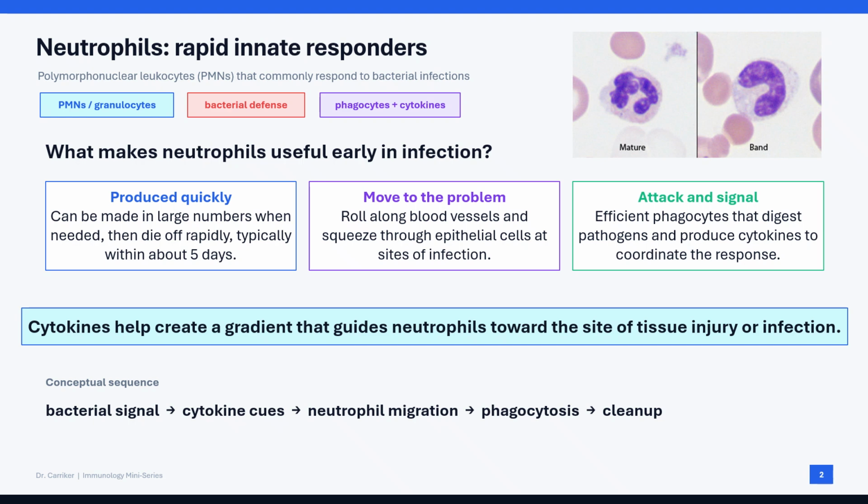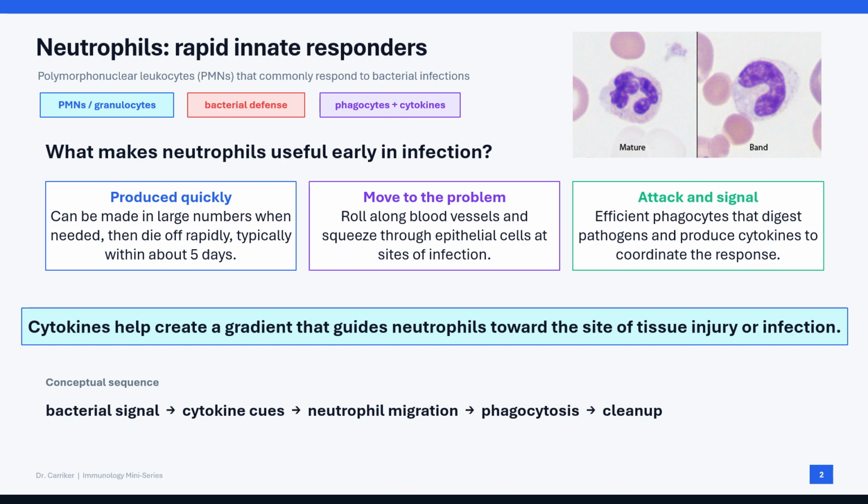They are efficient phagocytes, and they also produce cytokines. One of the key features is that they can roll along the blood vessels, sense inflammatory signals, and squeeze out into infected tissue. And this is why they're so useful in an acute bacterial defense.